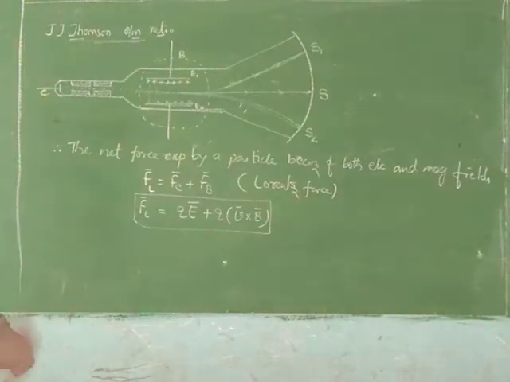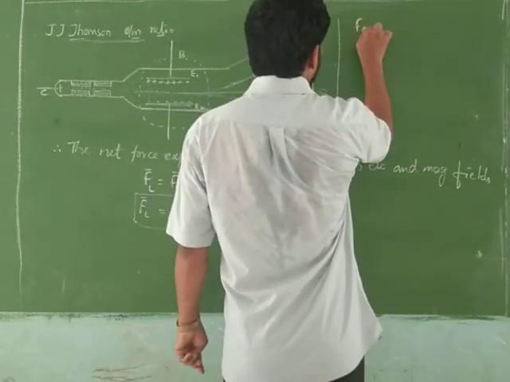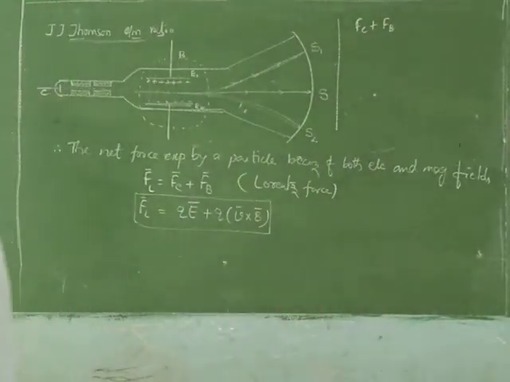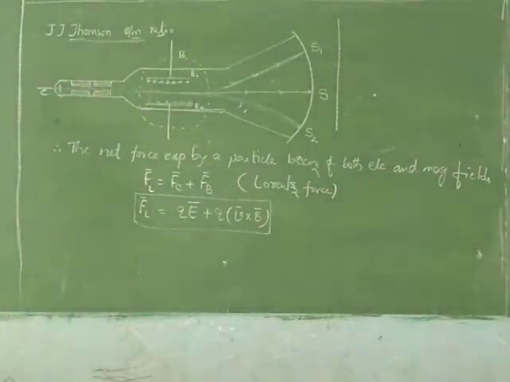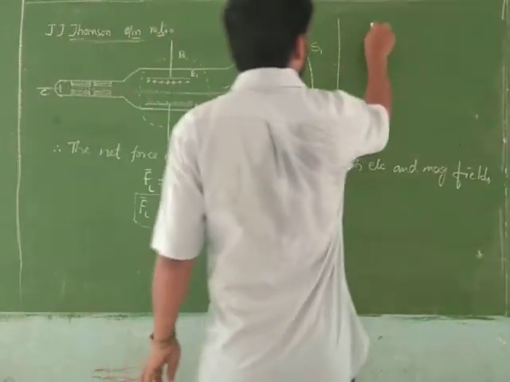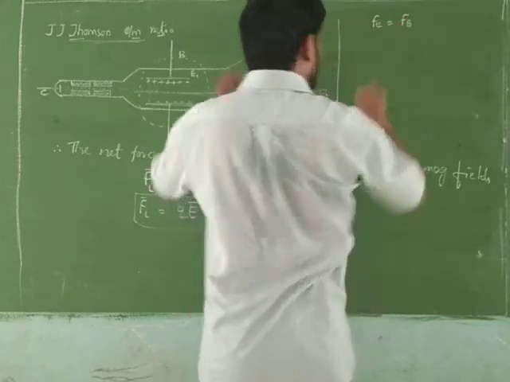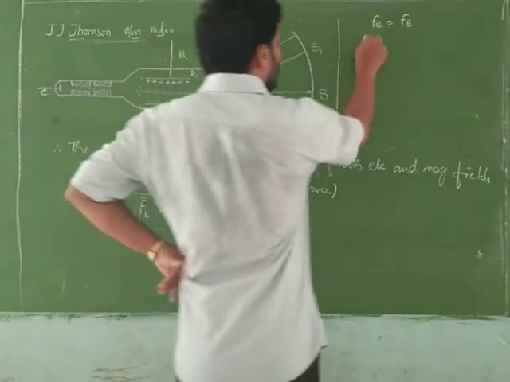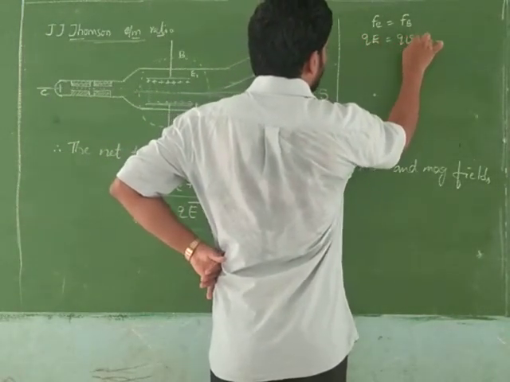Then Fe plus Fb, or if we adjust the forces so that Fe is equal to Fb, which means QE is equal to QVB.